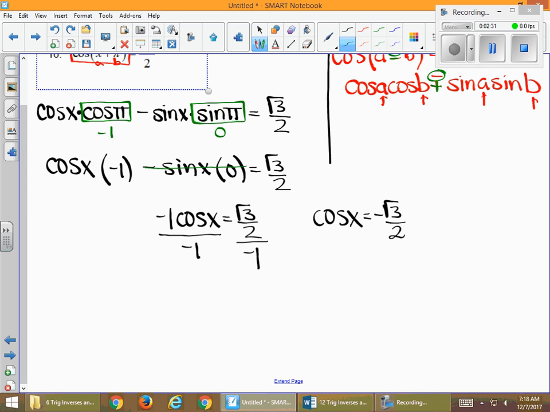So where is cosine negative radical 3 over 2? Well, cosine is negative in quadrants 2 and 3, and cosine is radical 3 over 2 at our sixths. So I need the sixth in the second quadrant, which is 5 pi over 6, and the sixth in the third quadrant is 7 pi over 6. Those guys are not going to make a straight line there. So I'm going to do plus 2 pi k for both.